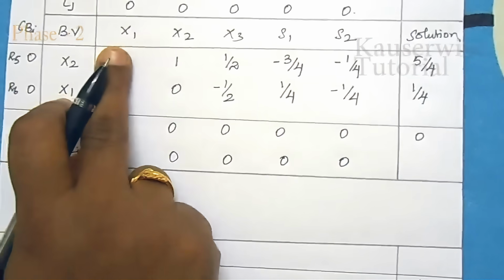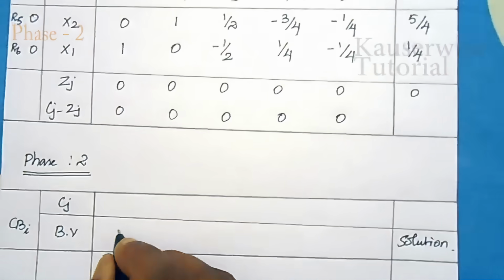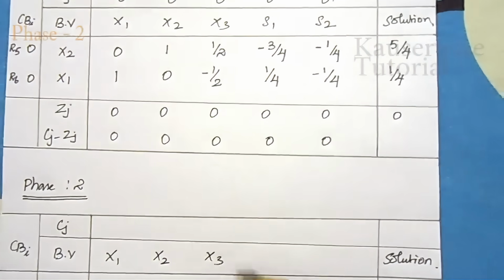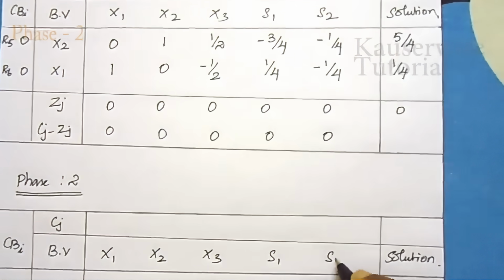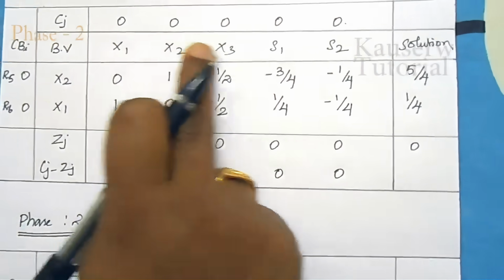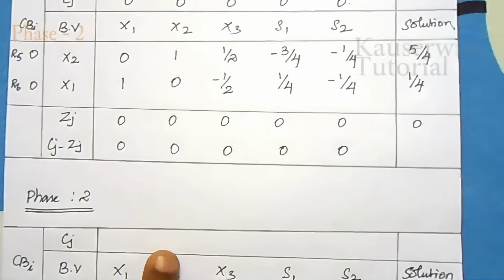See, here we have x1, x2, x3, s1 and s2. Write as it is. The Cj values are 0 in the optimal table, but here we have to write the original objective value.